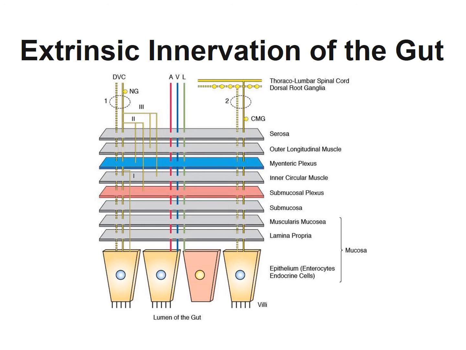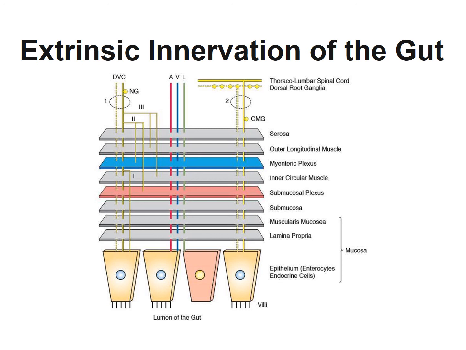Now, we have to spend a little time on this slide to simplify it and to make sure that we understand it. Of course, the A, V, and L, the red, blue, and green lines in the middle of the diagram represent the artery, vein, and lymphatic vessels that supply the gastrointestinal tract.